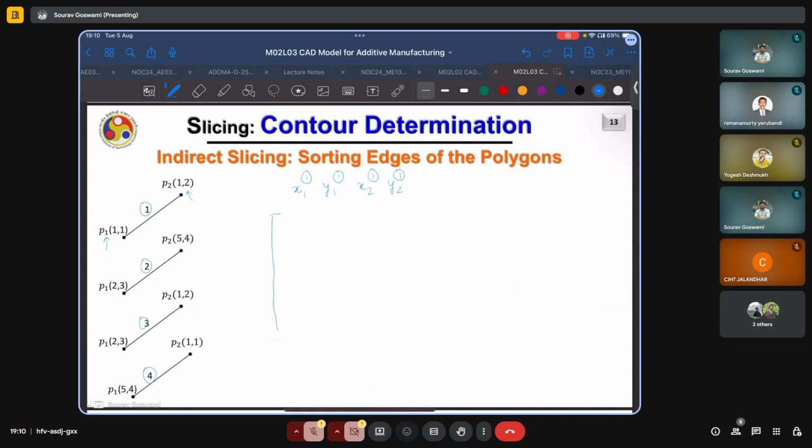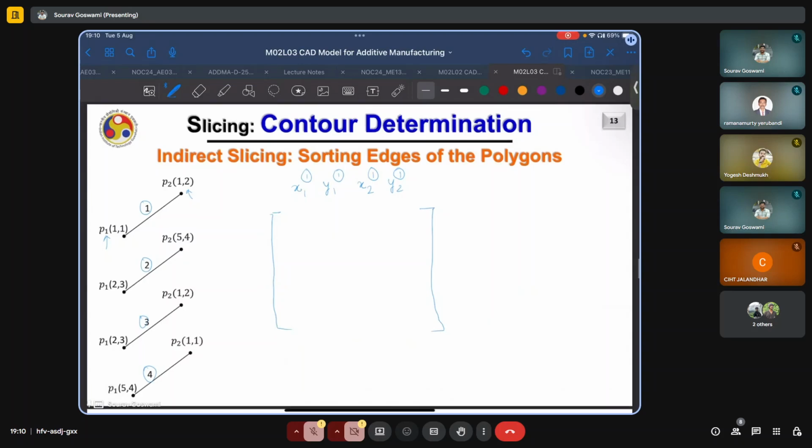And we'll have to number the edges and see how they connect. So starting with any one, and we're starting with edge 1, we have x1 of point 1 is 1, and y1 is 1, x2 is 1, and y2 is 2. Now we have to try to match this second point, that is point 2 given by x2 and y2, with one of the points of any of the other edges.